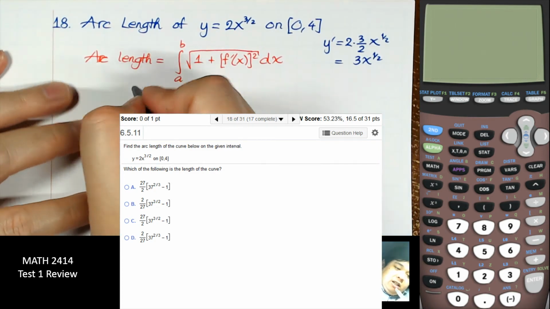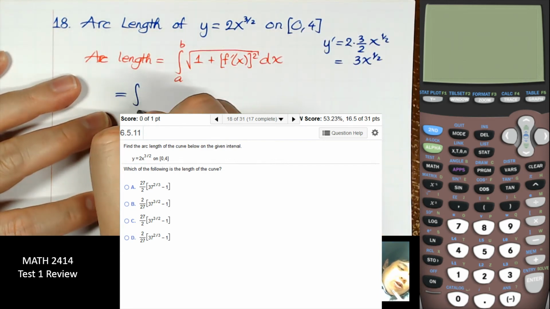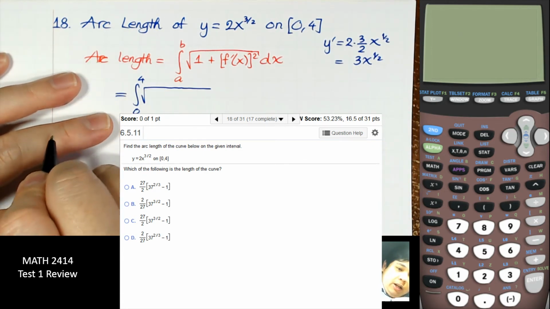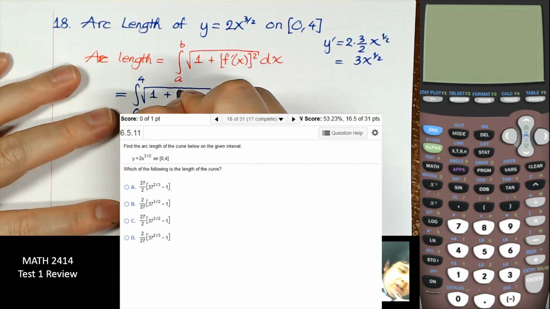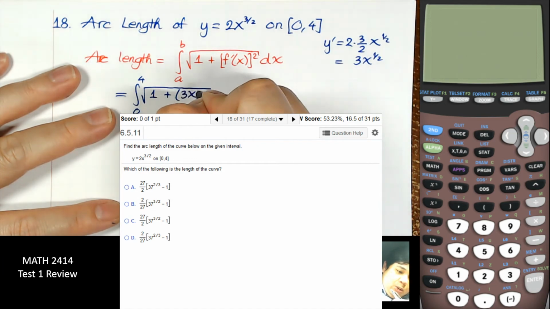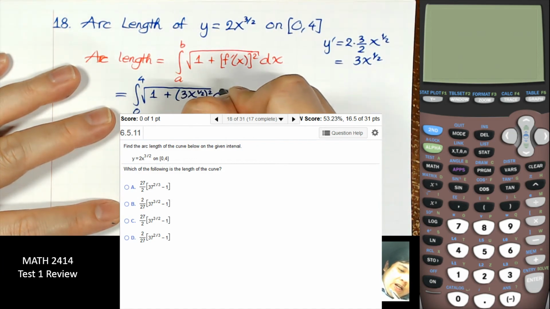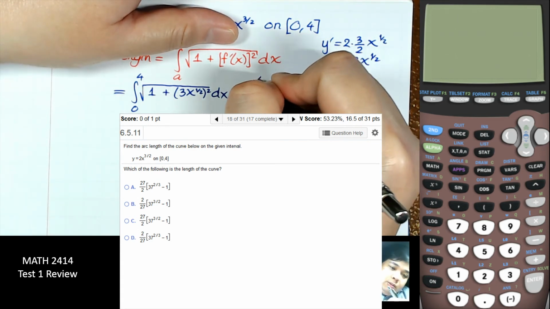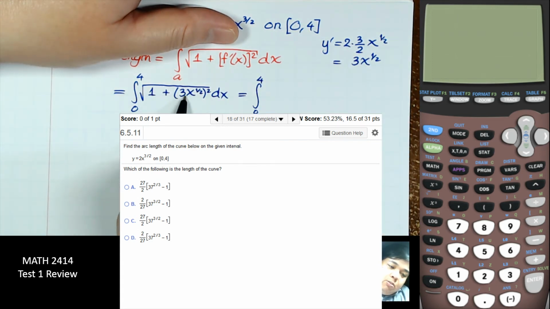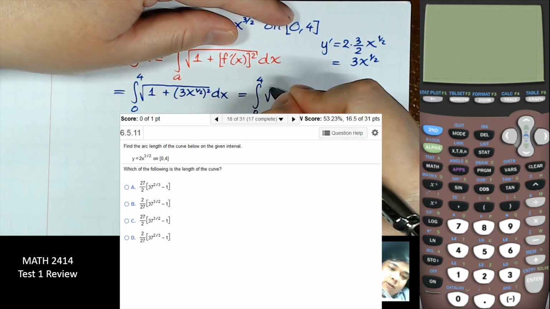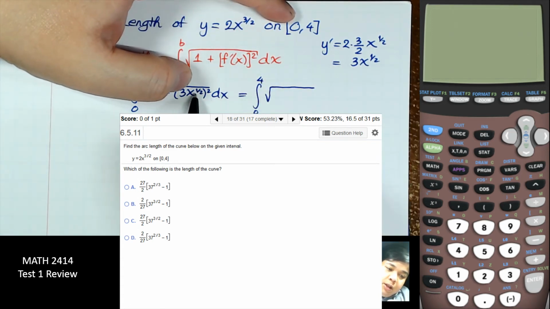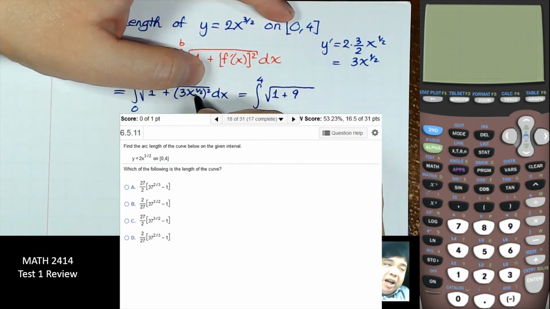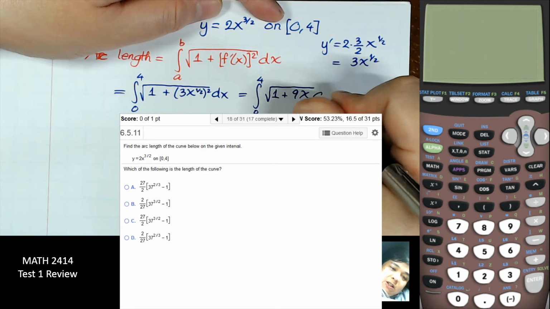Put that in here. Integral from 0 to 4 of the square root of 1 plus (3x to the 1/2) squared dx. So that gives us the square root of 1 plus 9x, since 3 squared is 9 and x to the 1/2 squared is just x.